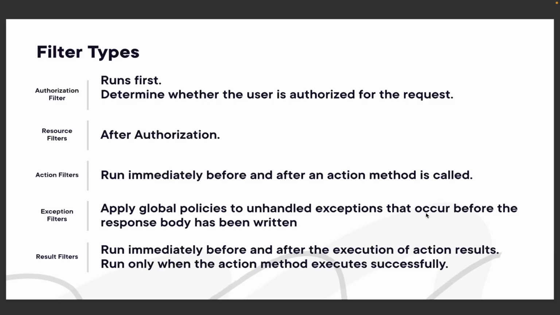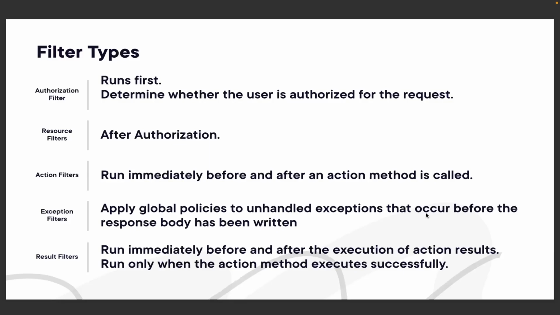After that we have action filters, which run immediately before and after an action method is called. We know that in our controllers we have action methods. When an action method is called, it executes the action filters, either before or after the action method.